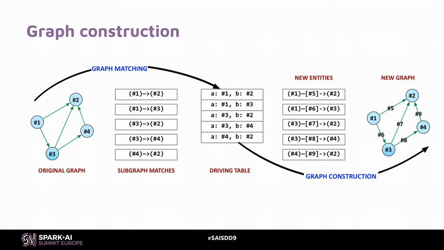And effectively, it's the inverse of what happens when you match data in a graph. So when you take data from a graph and create a tabular result, you can think of a tabular result as being an input into a graph construction operation, leading to the existence of a new graph. And that duality is reflected in this ability to interoperate between the two data models, effectively.